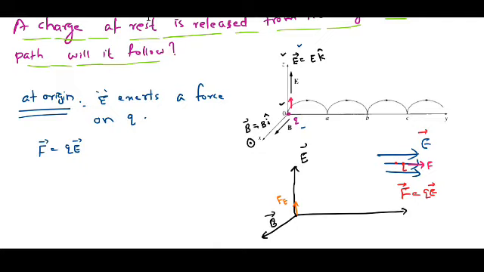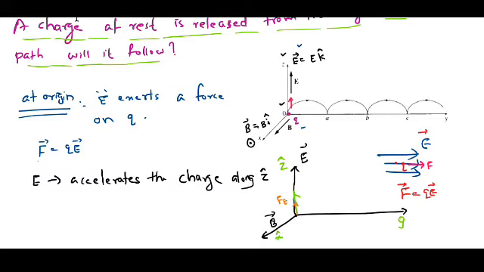Or we can say, along this direction, the electric field accelerates the charge. The electric field accelerates the charge along this Z direction. This is the Z direction, this is the X direction, and this is the Y direction. Therefore, the charged particle gets an acceleration along this direction. The electric field accelerates the charge along the Z direction.